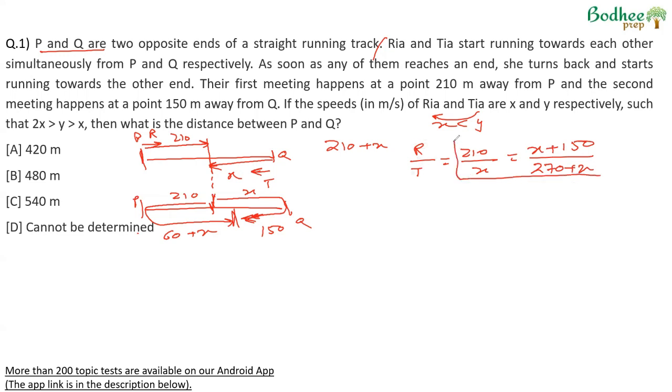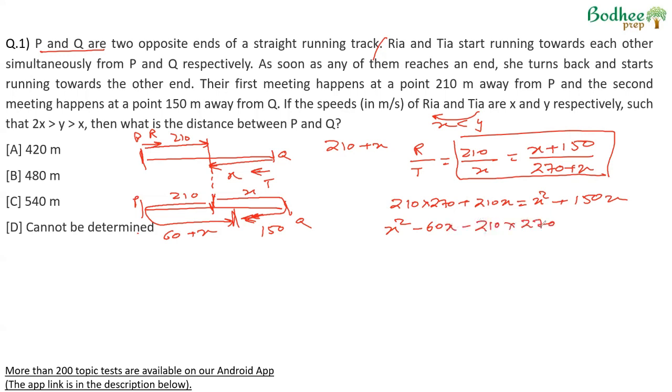So we get an equation in X, which we will solve to get the value of X. Cross multiply: 210 into (270 plus X) is equal to X times (X plus 150), so 210 times 270 plus 210x is equal to x squared plus 150x. So x squared plus 150x minus 210x, that is x squared minus 60x minus 210 into 270, is equal to 0. These two numbers have a difference of 60 and the product is 210 into 270.